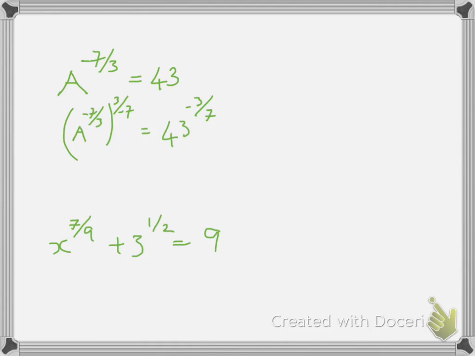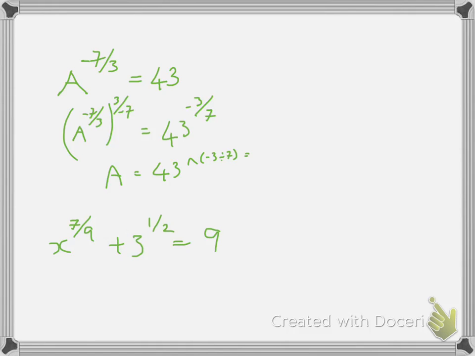It doesn't actually matter where you put that negative sign, near the 3, near the 7, or in front. It's still going to be a negative fraction. The left hand side now just reads a, and the right hand side again you'll take 43 to the power bracket negative 3 divided by 7, close bracket, equals, and that will give you the answer.